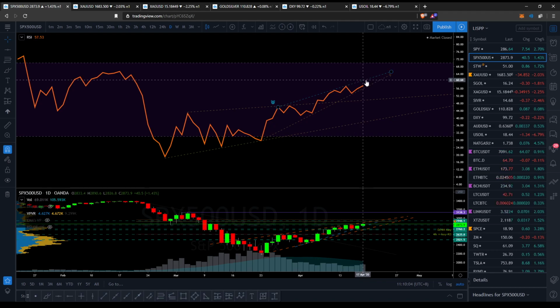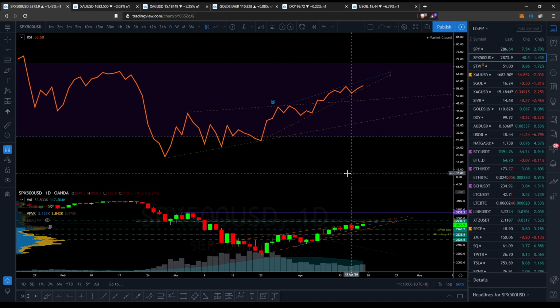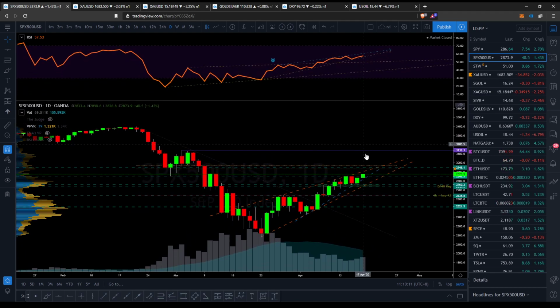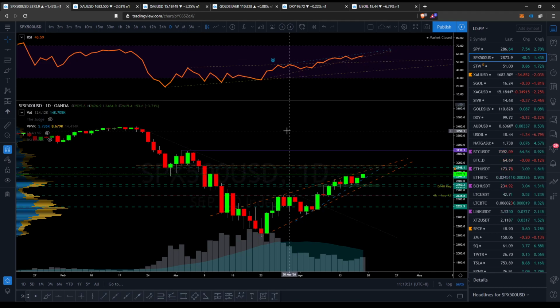So we got a lot of resistance if we're going up any much higher. So bulls need to be careful, and if you're a bear, you gotta watch this area next week and see if we reject from here. And maybe it's time to enter some shorts and expect some sort of consolidation in this area.